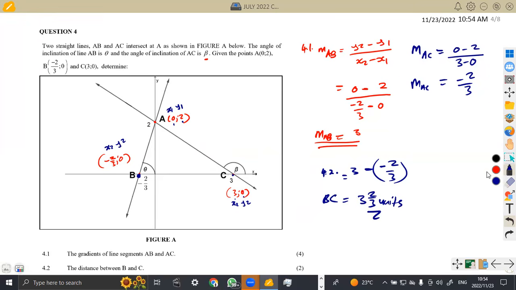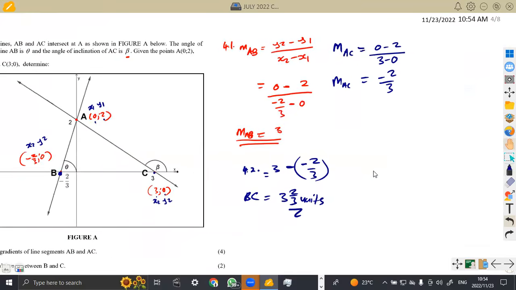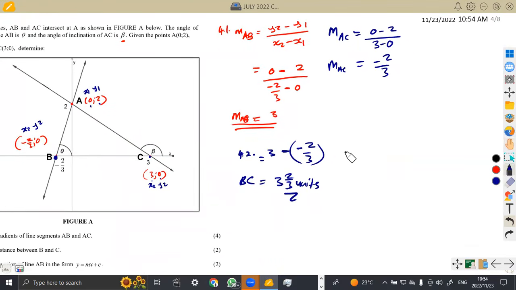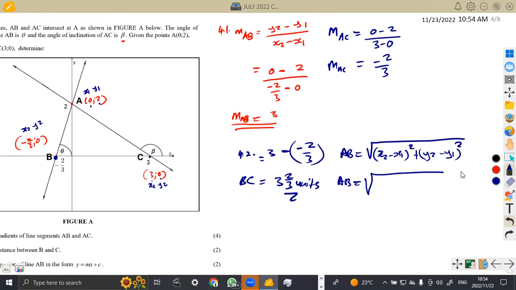Or you can use your distance formula. Remember, the distance from A to B can be written as the square root of x2 minus x1 squared plus y2 minus y1 squared. So that's 3 minus minus a third, which is 3 plus a third, squared, plus 0 minus 0 squared.